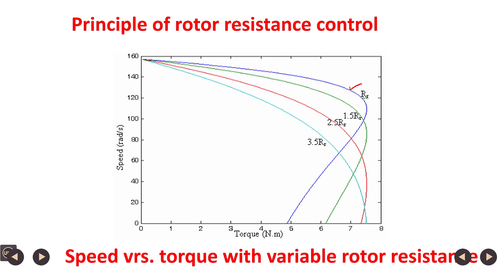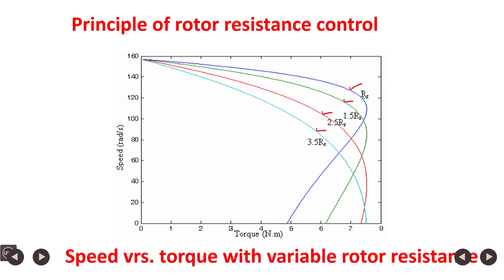If resistance is increased by 50%, the characteristic obtained is the green one, and if the resistance is increased by 150% from the nominal value, that is, rotor resistance is 2.5 times the nominal rotor resistance, then the graph is the red one, and if it is 3.5 times the nominal rotor resistance, the graph is again the blue one, this one.